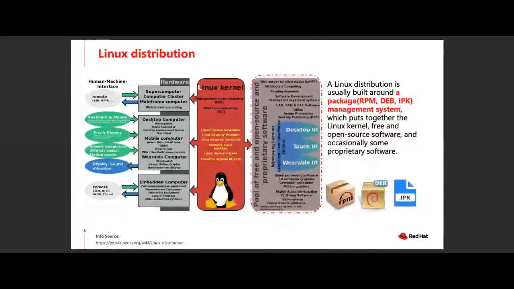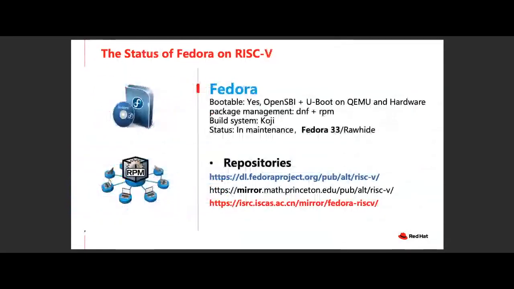Next slide. Let's talk about the status of Linux distributions on RISC-V. First of all, I will introduce Fedora, not just because I come from Red Hat, but because I'm a Fedora contributor. For now, the Fedora distribution is the most complete and most useful distribution on RISC-V.